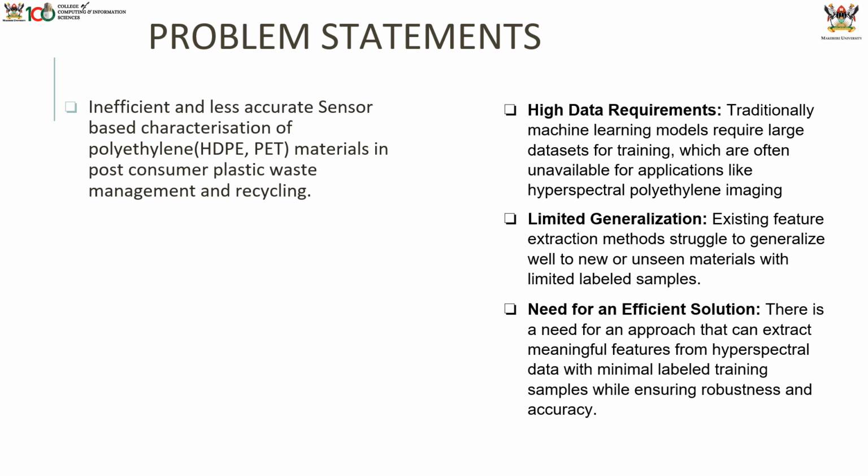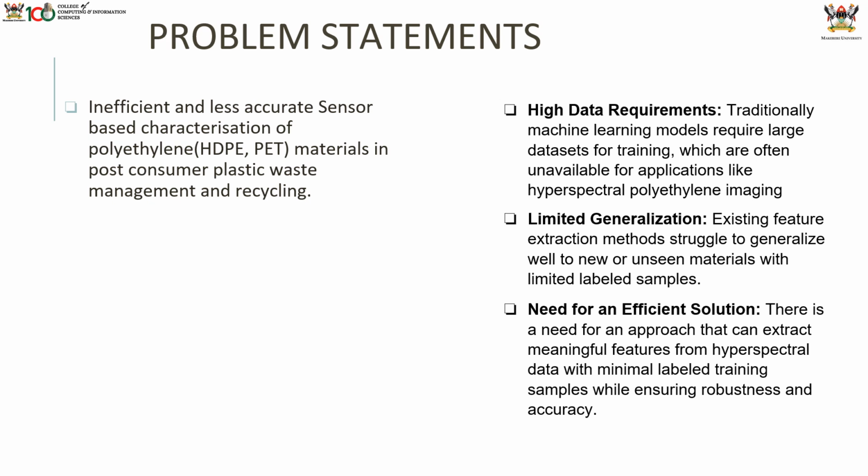Then limited generalization. Existing feature extraction methods like CNN, deep learning models, and traditional models struggle to generalize when the model is used in another domain. For example, let's say we've trained the model on high density polyethylene, then we test it on other plastics, it might struggle.